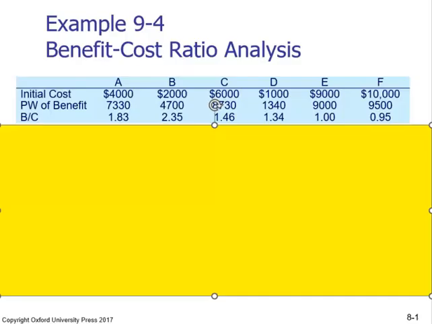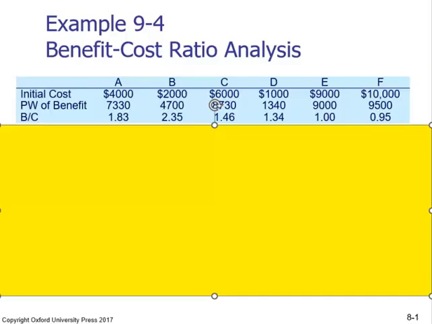It is not a big deal. Just when you divide 7,330 over 4,000, you get this 1.83. When you divide 4,700 by 2,000, you get 2.35. So it's not a big deal. It is just benefits over cost, and you have them.